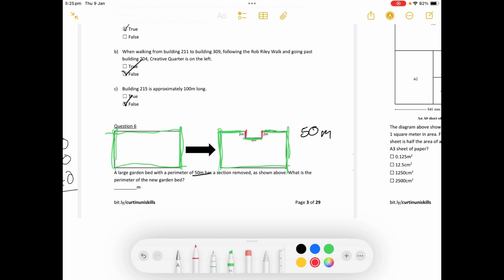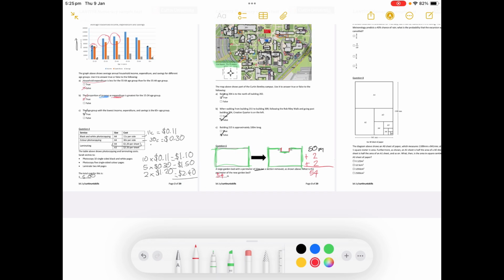So I'm going to have my old perimeter, my 50 meters, and I'm going to add 2 meters and a second 2 meters, okay? And in total, that is going to be 54, okay? So the new perimeter is going to be 54 meters.